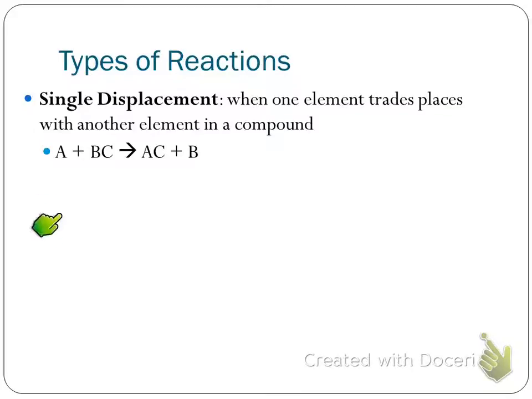Okay, so in our base formula it says A plus BC yields AC plus B. So what's our compound here that's been traded? C. C has been displaced, right? So here's an example of that.